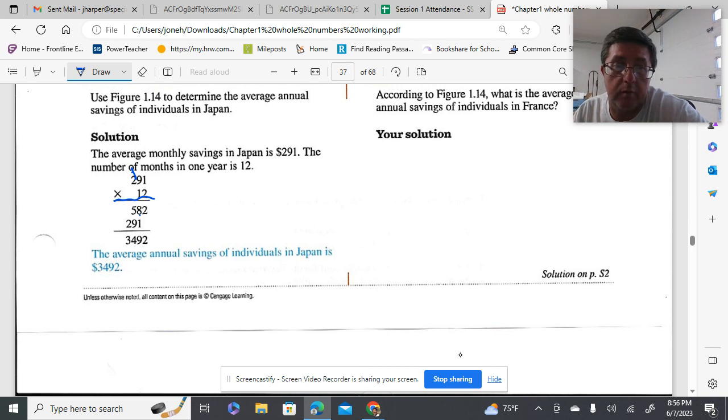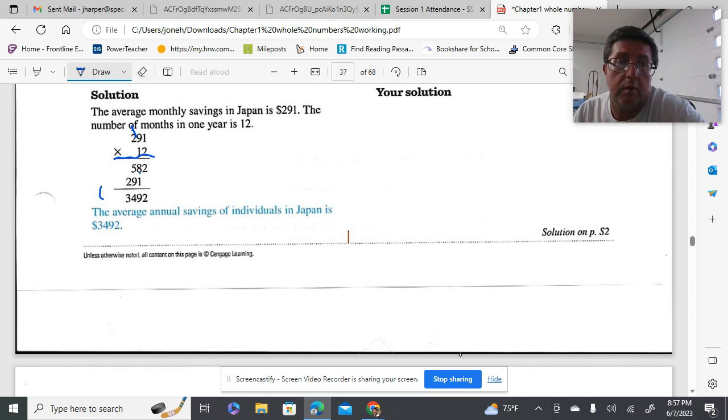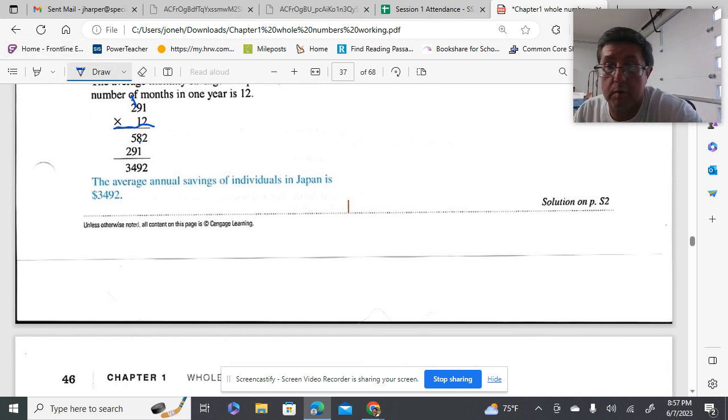Then we go over and we put them under the 1 because that's the tens. 1 times 1 is 1, and basically 1 times 291 would be 291. Then we add those together, and we get our answer.